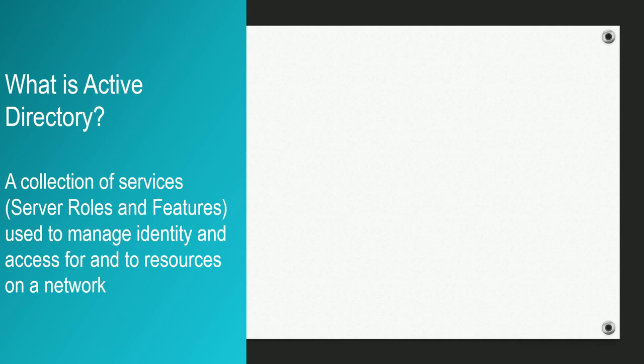Now here is a question: what is Active Directory? It is a collection of services, in the sense of server roles and features, used to manage identity and access to the resources on the network. If you want to manage them in a centralized way, Active Directory will help you.